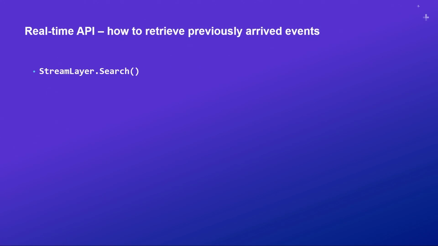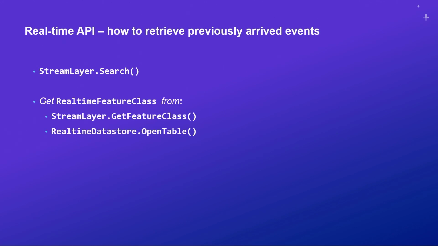There are some cases where you want to find all the features that have already been collected or accumulated on the client side. Just like FeatureLayer, you can use the StreamLayer search function, or you can use the feature class or real-time feature class search function. To get to the real-time feature class, you can use the StreamLayer get feature class function or the real-time data store's open table function.